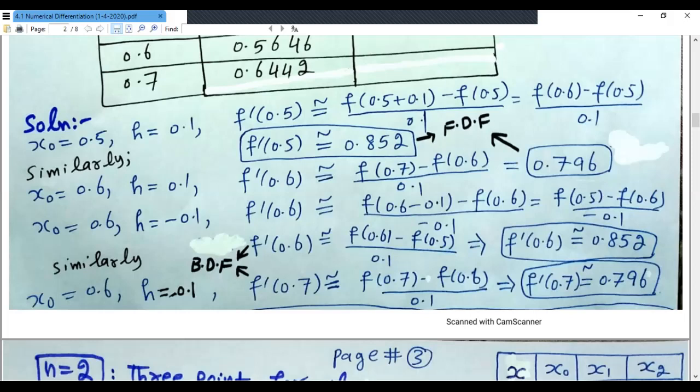Okay, so the answer would be 0.852. Similarly, for 0.7, sorry, x naught equal to 0.7 here, 0.6 is wrong, and h is equal to minus 0.1. So f dash of 0.7 will be equal to f of 0.7 minus f of 0.6 divided by 0.1, and this is the derivative. This is how to use forward and backward difference formulas.